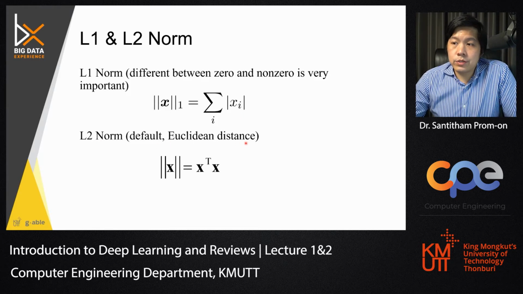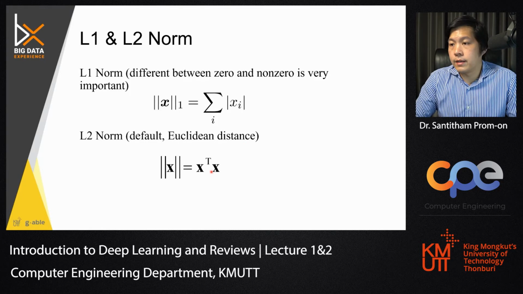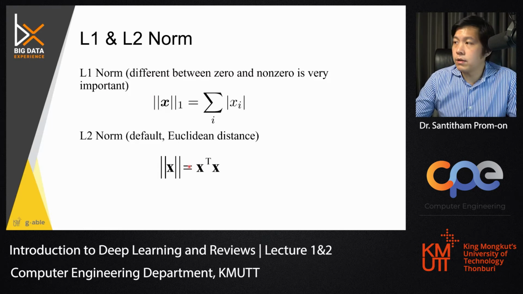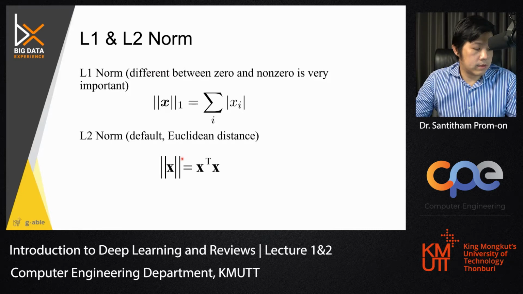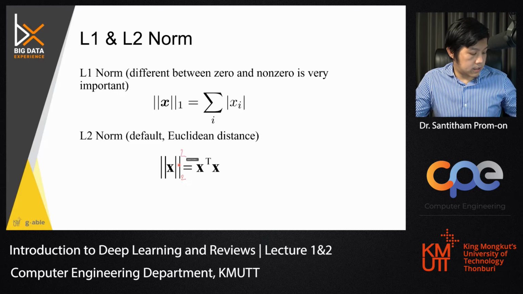L2 refers to something like Euclidean distance, which can be found by the dot product between two vectors. Actually, that is not quite right. You have to have the square root here as well.